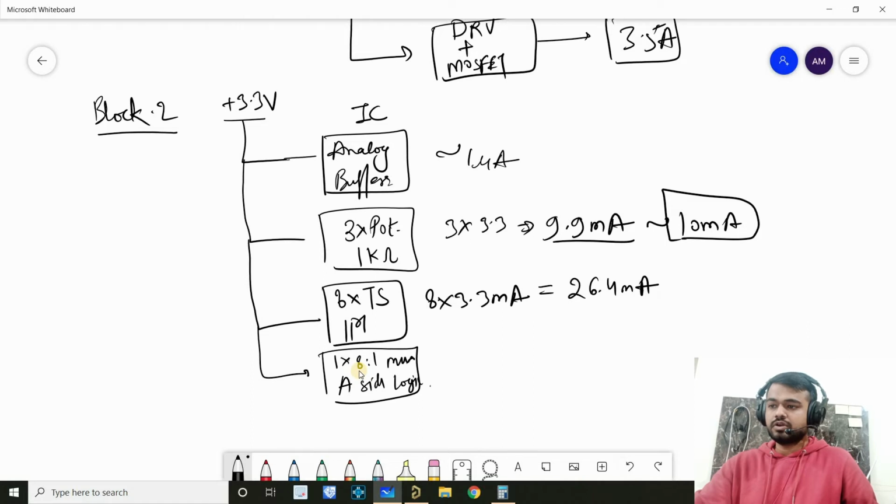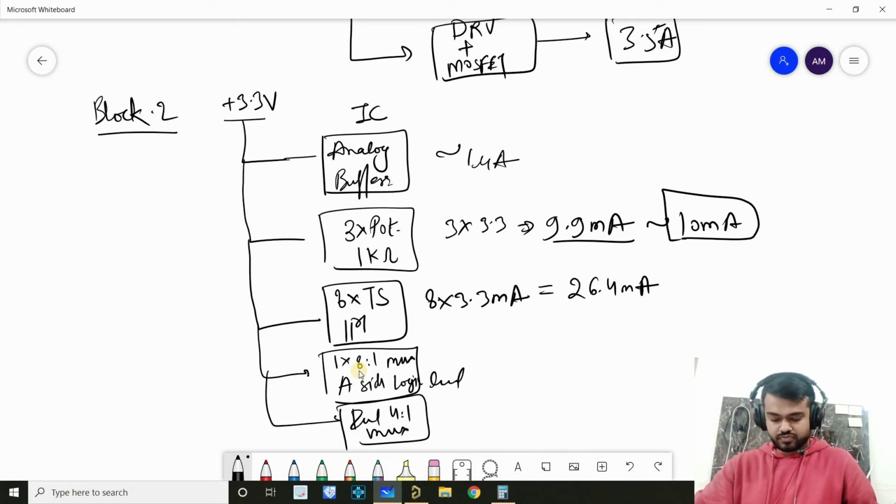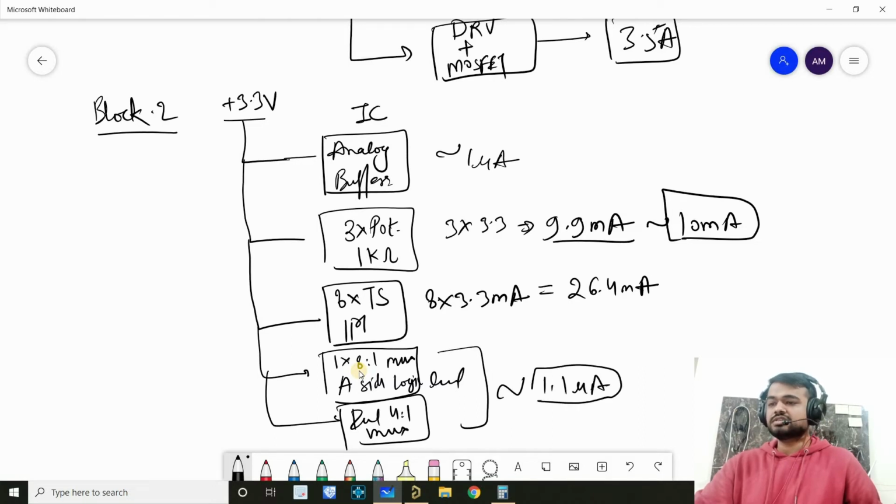So A side logic level, and we have another mux which is dual 4:1 mux. Okay, and all these currents are around 1.1 microamps, right? I've already measured that. If you want, you can also go through the other data sheet.